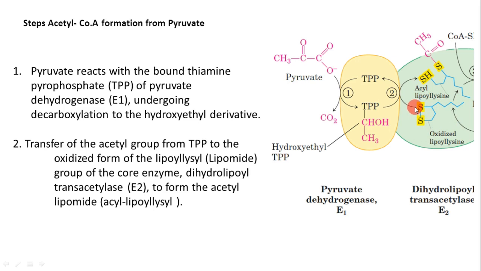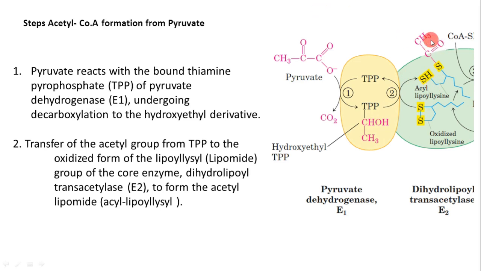And this lipomide is normally in the oxidized state with the S-S disulfide bond, and the enzyme dihydrolipoyl transacetylase or E2 enzyme will transfer the acetyl group from thiamine pyrophosphate into lipomide.